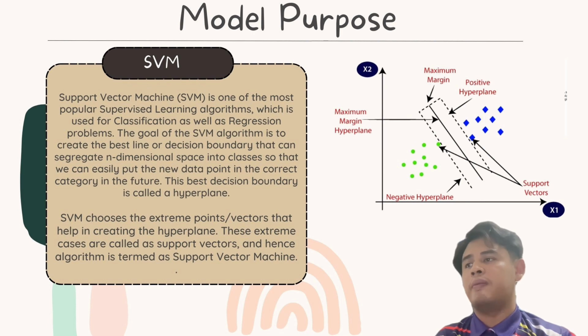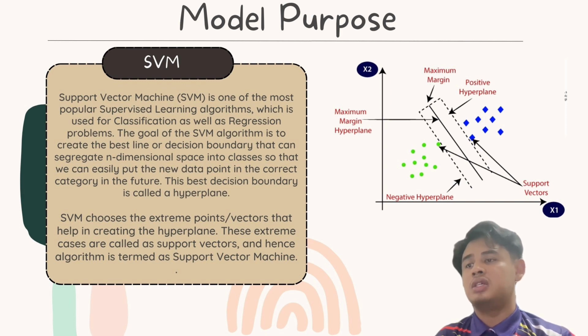Next is SVM. SVM is support vector machine. It's one of the most popular supervised learning algorithms, which is used for classification as well as regression problems. The goal of the SVM algorithm is to create the best line or decision boundary that can segregate n-dimensional space into classes so that we can easily put the new data point in the correct category in the future.